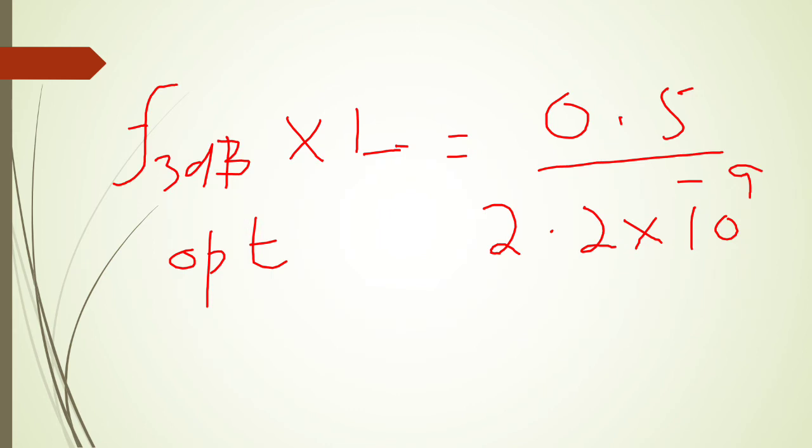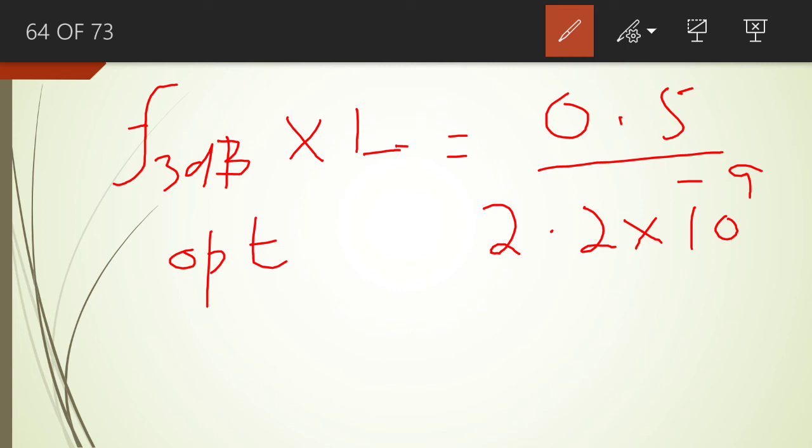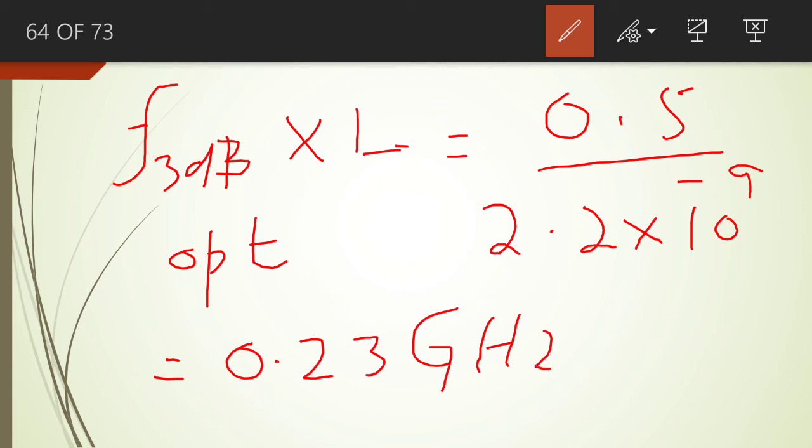So the answer is 0.23 gigahertz into kilometer. So this is the product of the 3 dB frequency and the length of the information channel.